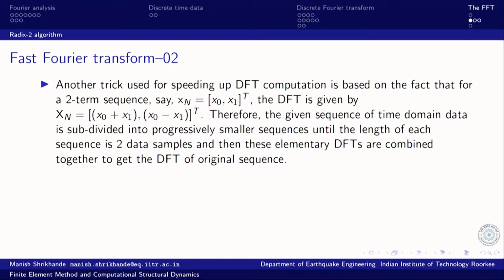So, another trick that is used for speeding up the DFT computations is based on the fact that for a two term sequence, say x n is equal to x 0 and x 1, if there are only two terms, then the discrete Fourier transform is given by just the sum of these two numbers and the difference of these two numbers, because that corresponds to just 0 and pi, and they are going to be real.